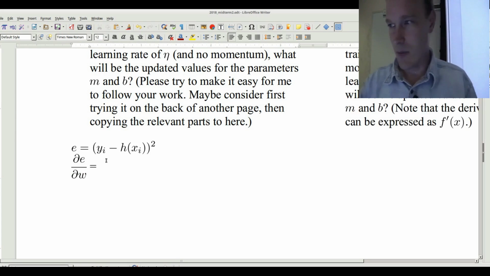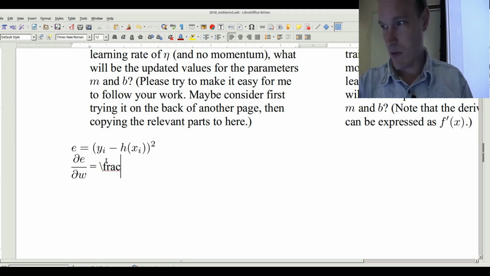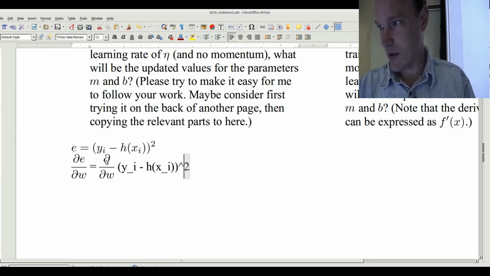And that term, as it happens, is equal to partial over partial w of the sum of y sub i minus h of x sub i, squared.